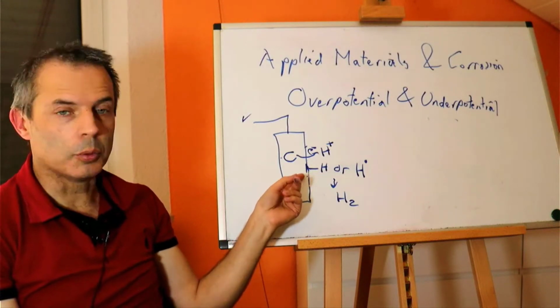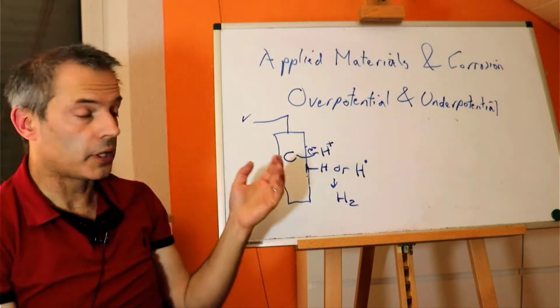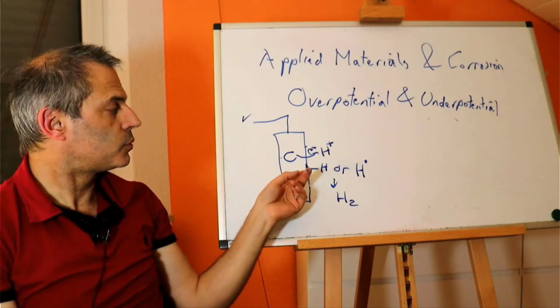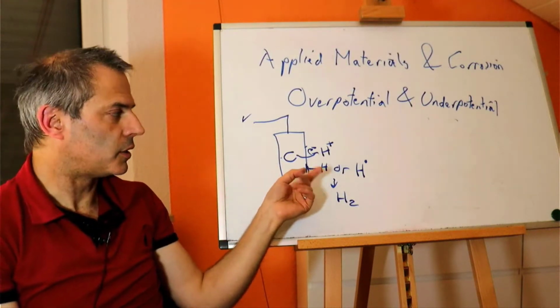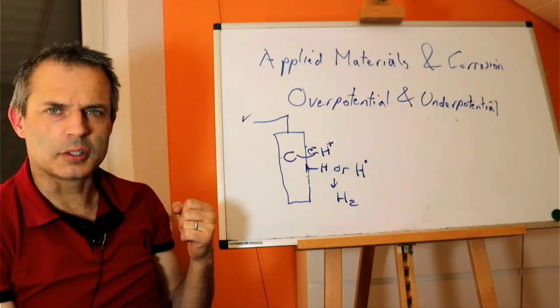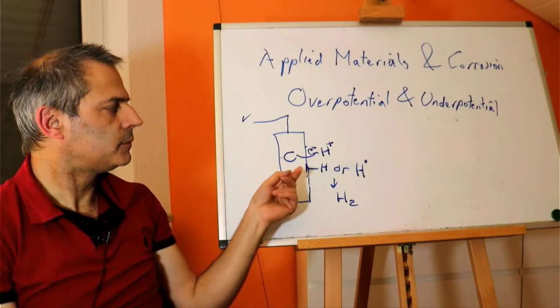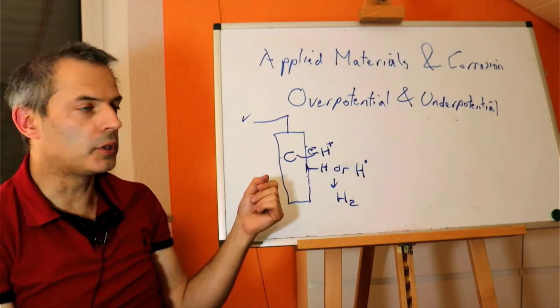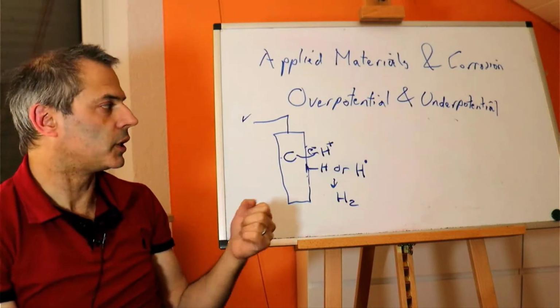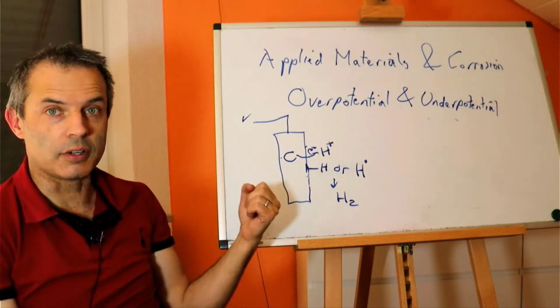It should be a one-armed arrow for one electron. Then we either form a bond to the carbon, but as I said earlier, that could be a problem because once we've bonded hydrogen to our carbon, first of all, it's not graphite anymore, so it's not going to conduct. And then it's bonded on, it's going to be difficult for it to come back off again because we know that the bonding energy between carbon and hydrogen is very high.